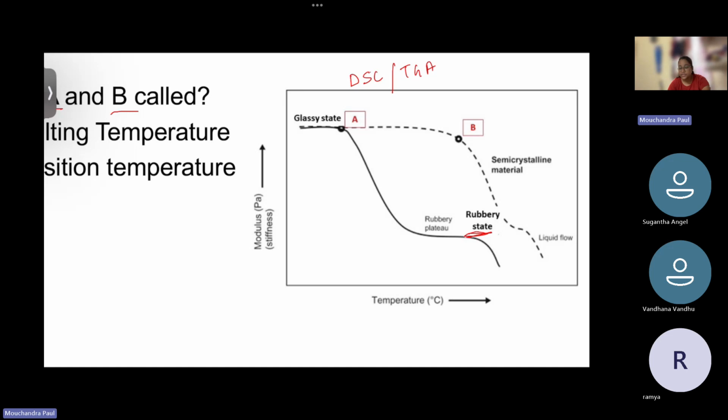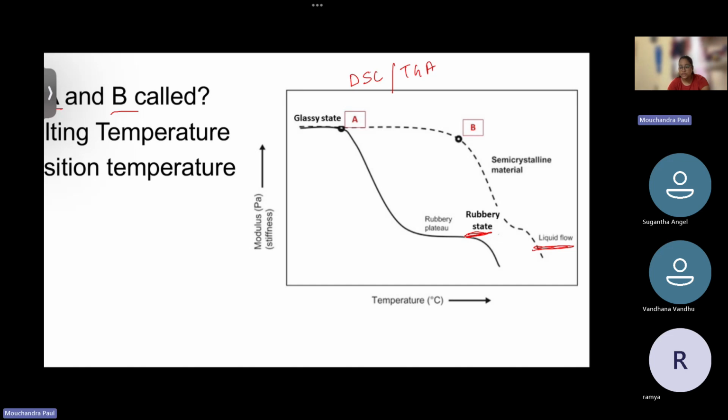And as we keep increasing the temperature, the polymer becomes a solution. Liquid flow has come. It's like a very viscous solution. It is no longer a solid anymore.